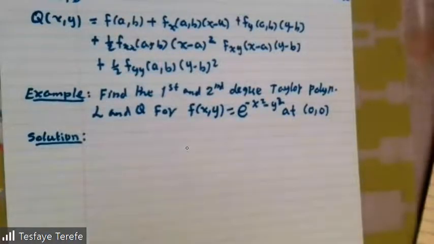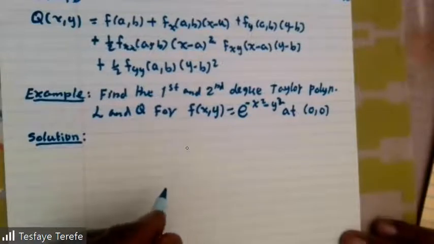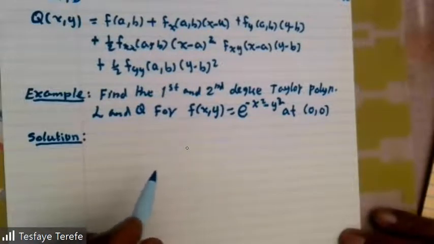Well, as I said, we have to evaluate at (0, 0) six elements.